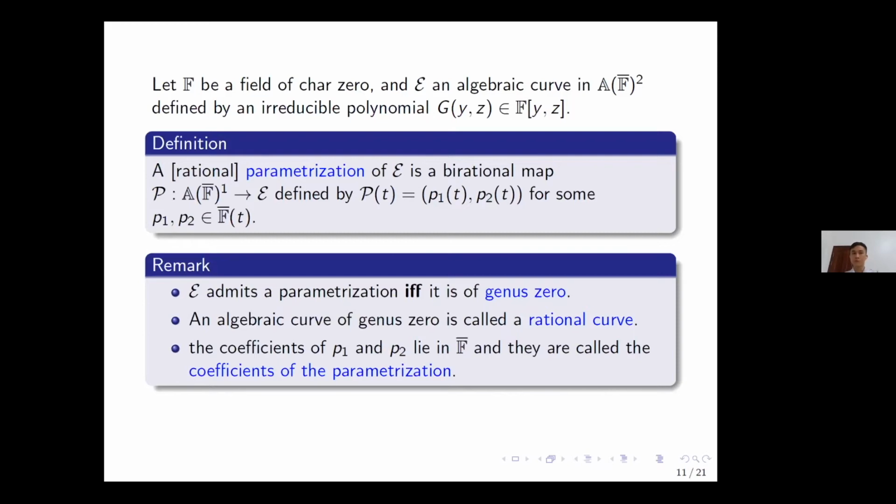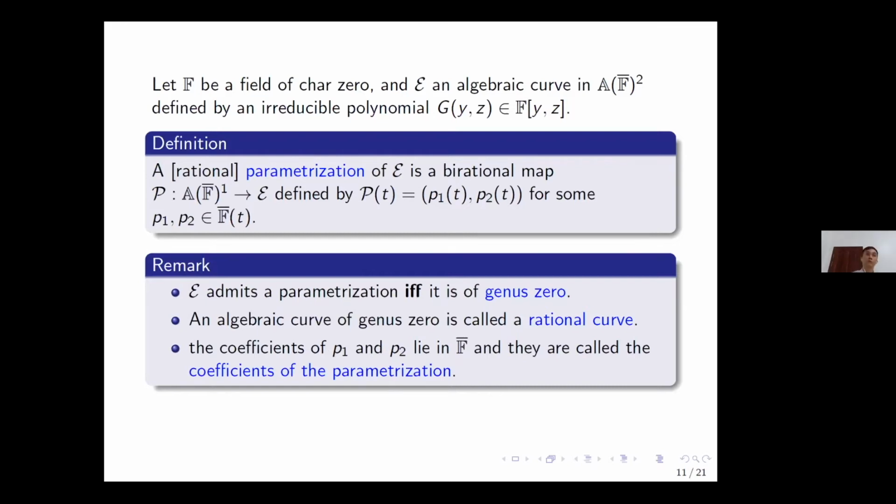For each parameterization of E, we will have a look at the coefficients. The coefficients of P1 and P2 will be elements in some algebraic extension of the ground field F, and they will be called the coefficients of the parameterization.